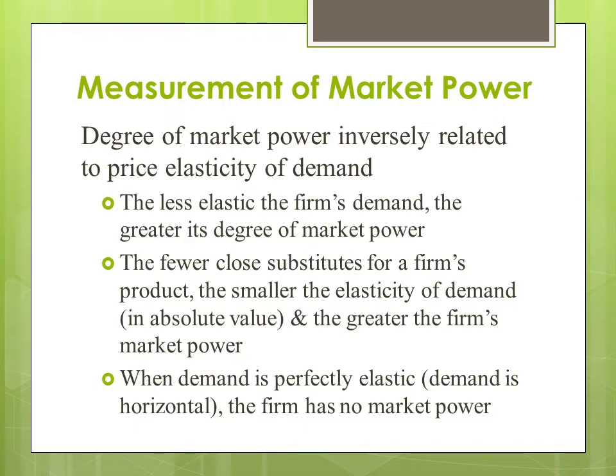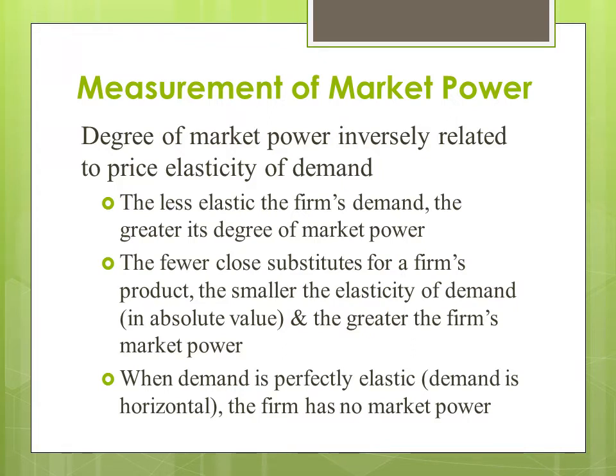So when our demand is less elastic, at that point the degree of market power will be greater. Here the demand curve will be steeper and downward sloping, and the greater the index, the greater the degree of market power.